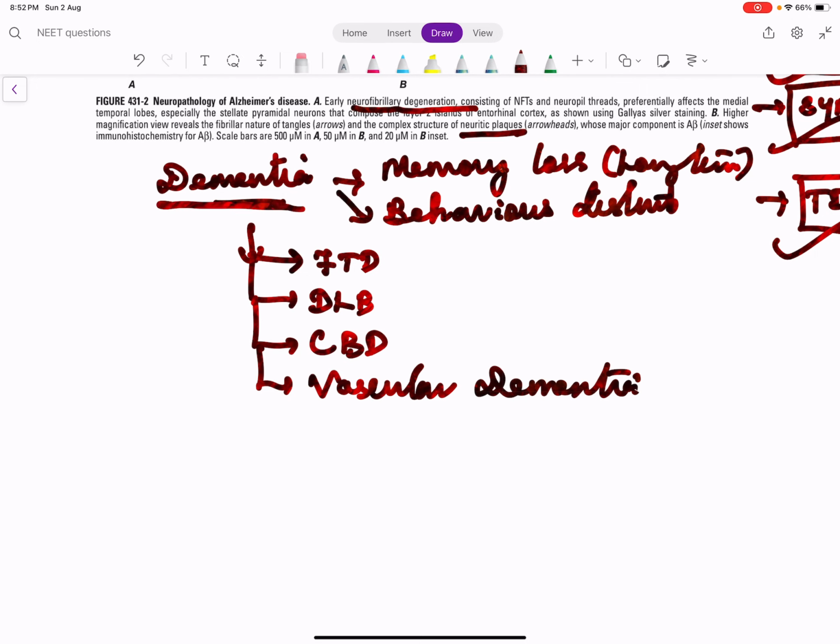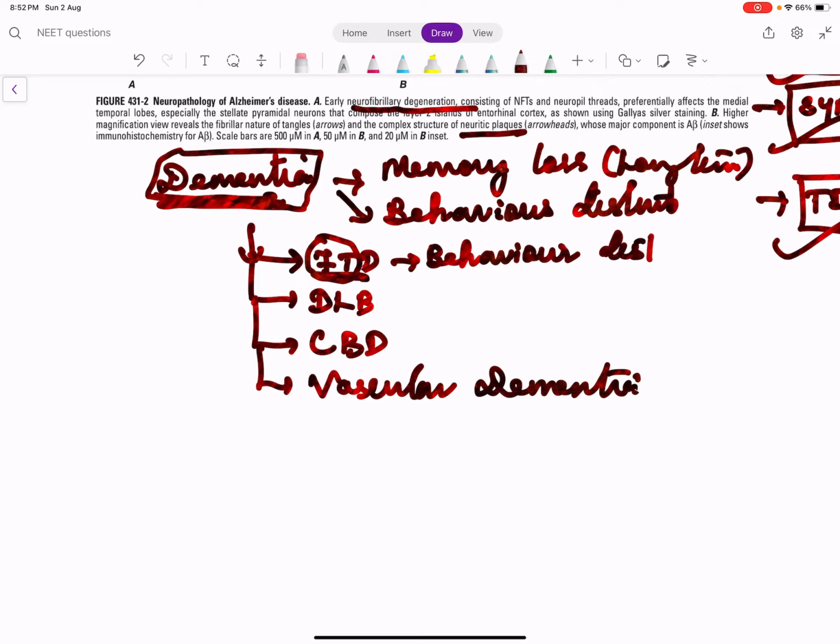For example, memory loss is the earliest finding in Alzheimer's disease. Frontotemporal dementia. So when something is frontal and temporal, behavioral disturbances will be predominant in frontotemporal dementia. So memory loss with predominant behavioral disturbances, it could be frontotemporal dementia.